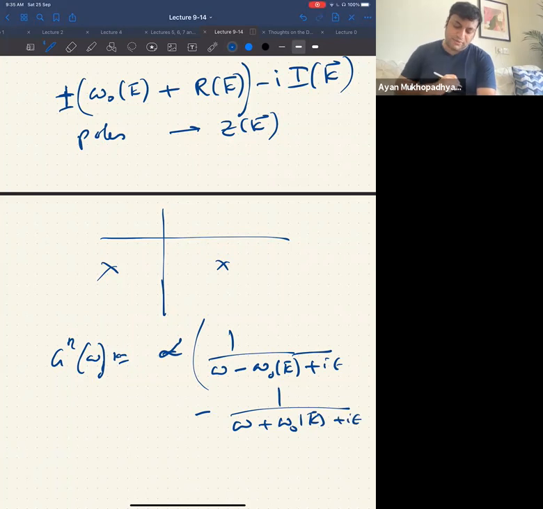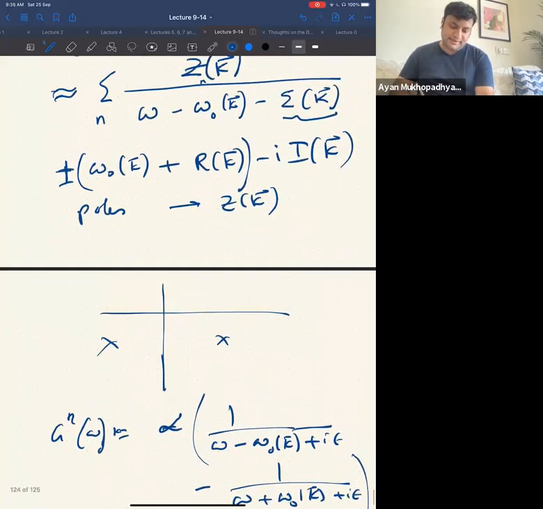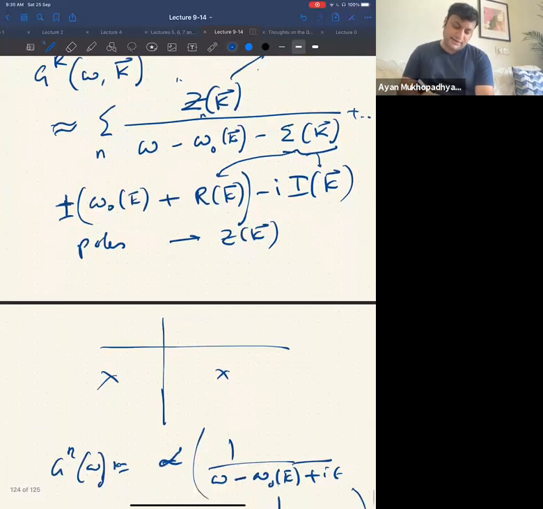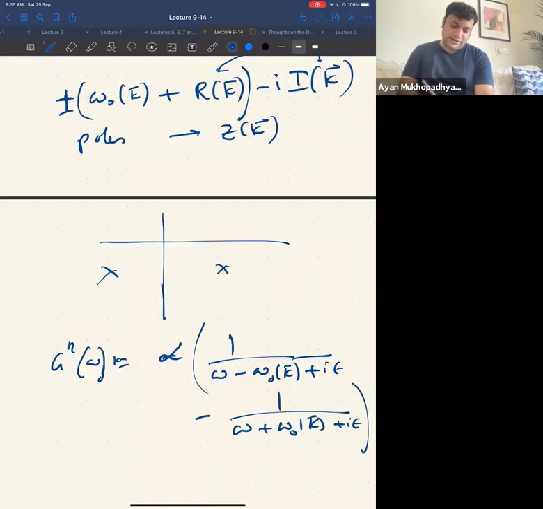So we had these poles. This was the structure of G^R(omega), and now it becomes like this. There is also the corresponding other pole, where the real part of sigma K is this and the imaginary part is this. This is how the pole structure will look. In the non-interacting theory, the pole was just below the real axis, but in the interacting theory it gets a finite width.